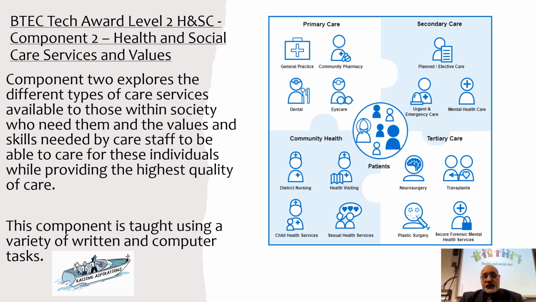We then look at secondary care, such as referrals, where the GP may refer you to a specialist at the hospital, as well as looking at the emergency cases through paramedics and A&E that are available at hospital. We then move on to tertiary care, as well as community health care that can be needed for anybody that looks after people at home.